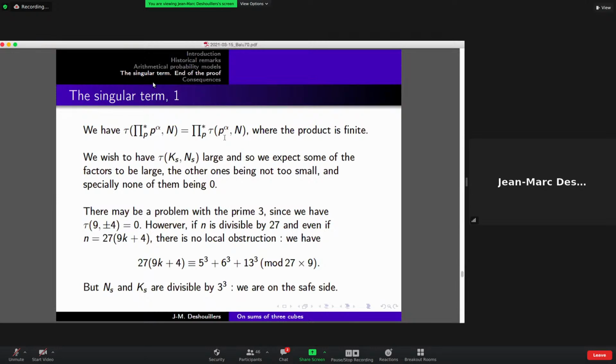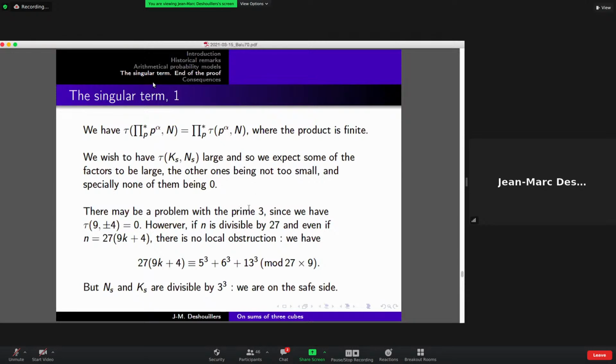It is not a surprise: if you are solving a polynomial congruence mod a product of pairwise coprime integers, then it is the product of the number of solutions. This is fine. So we expect that this will be large in our case. And so we expect some of the factors to be large, the other ones being not too small.